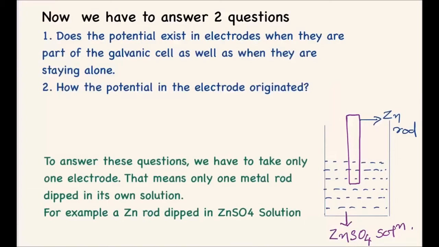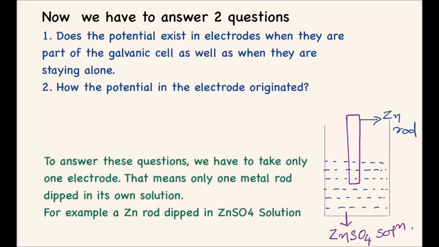In both these cases, whether the potential exists in a single electrode. Second question, how the potential in the electrode originated. What is the reason behind the formation of electrode potential in a single electrode?